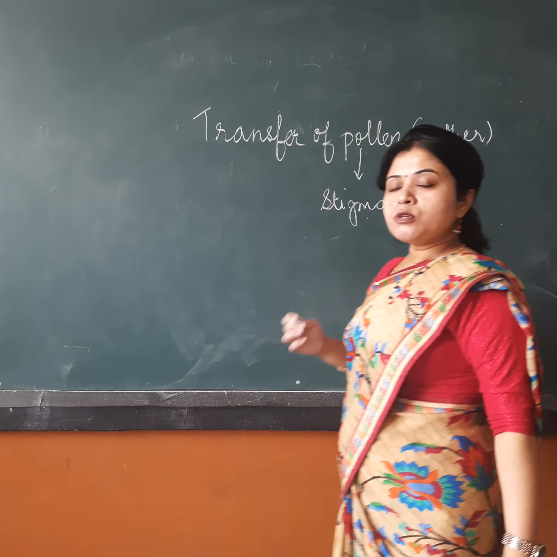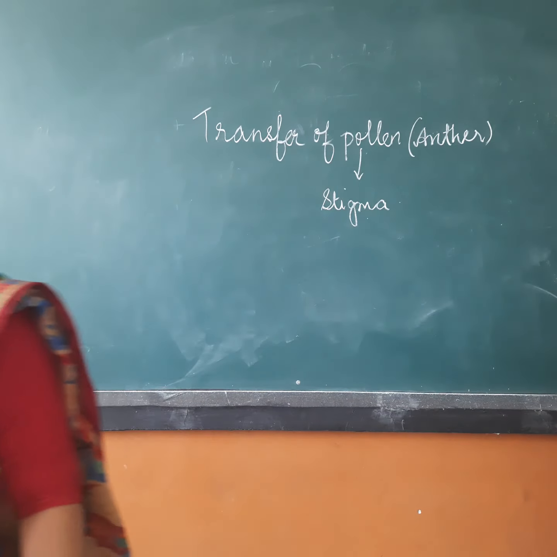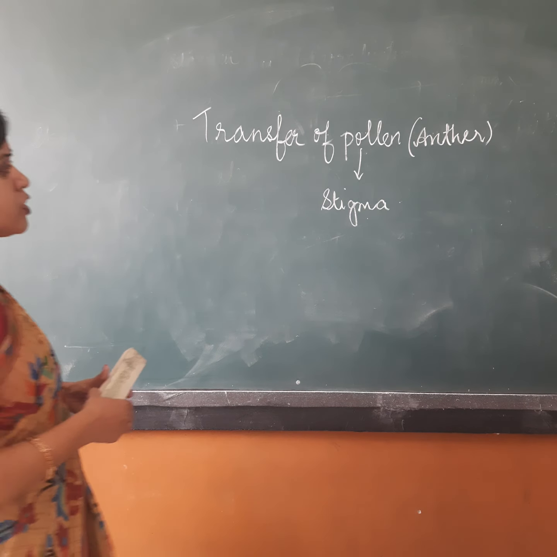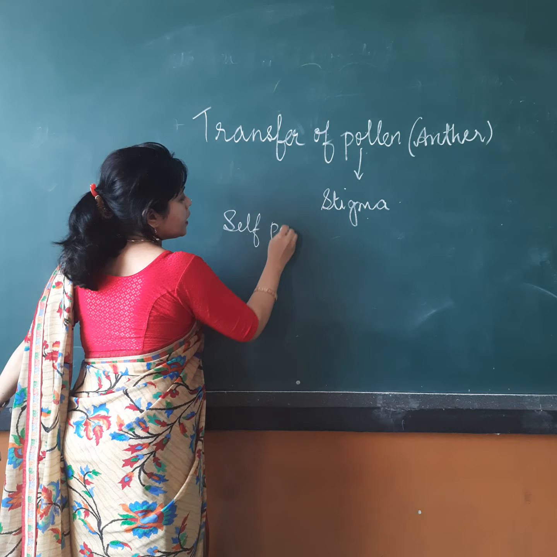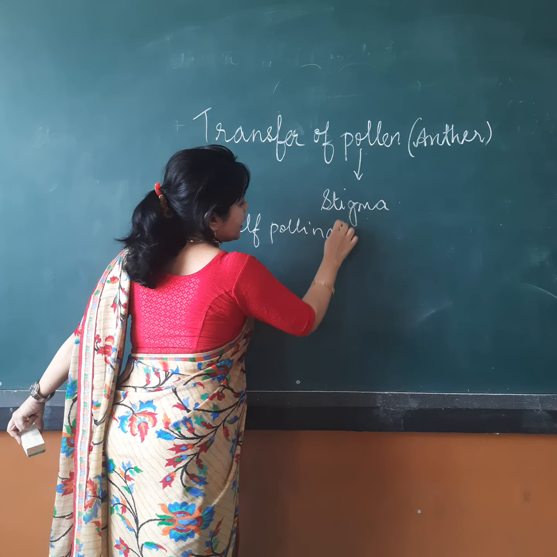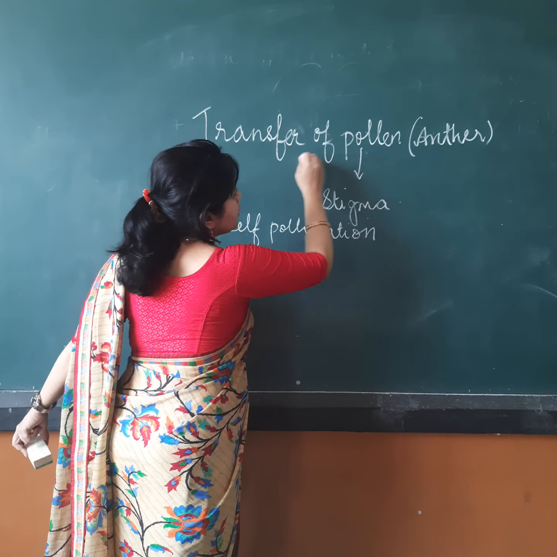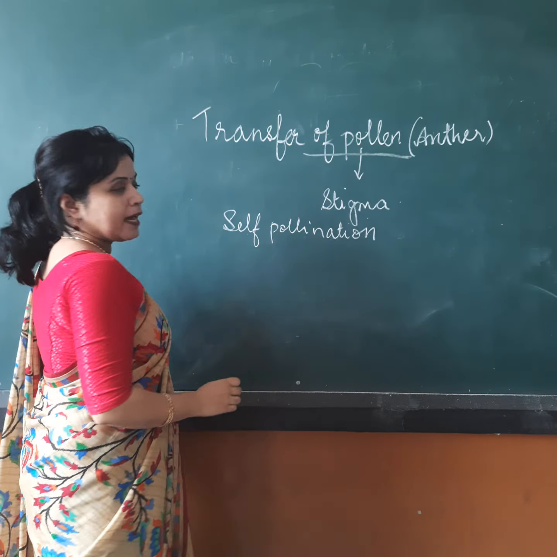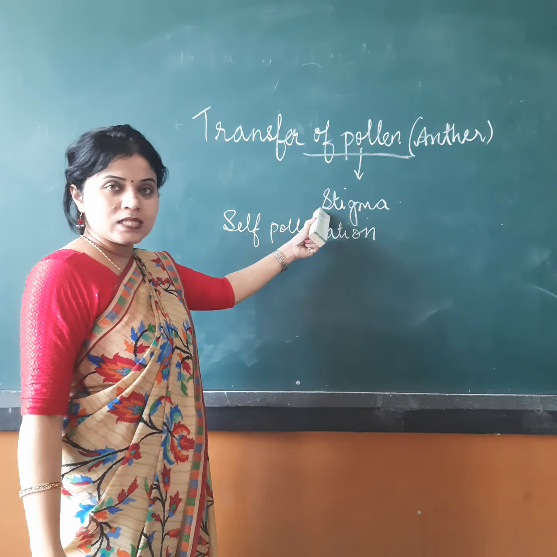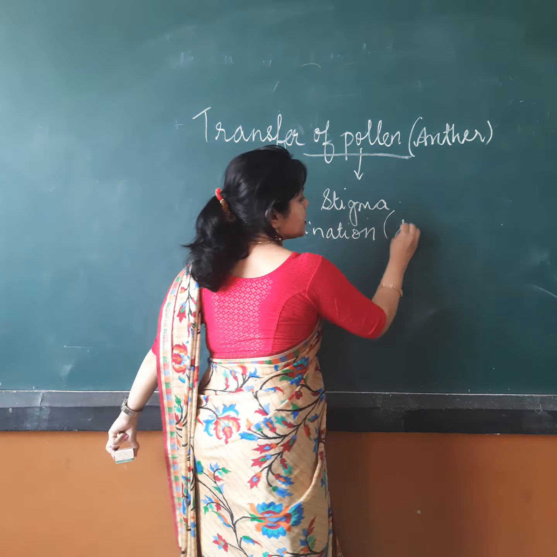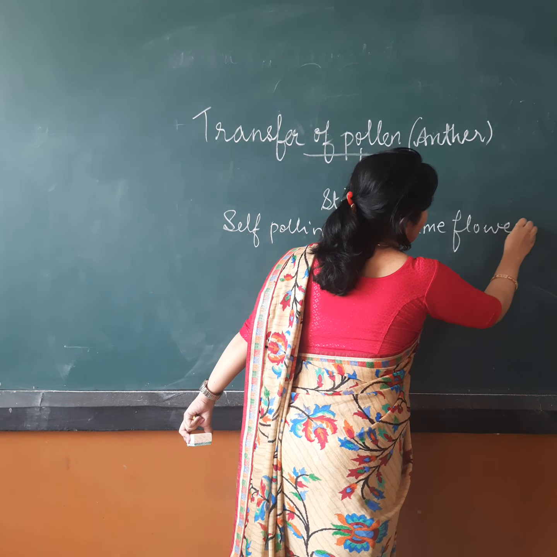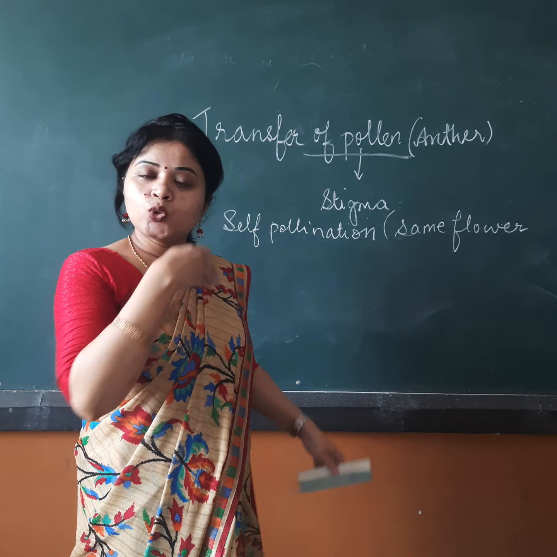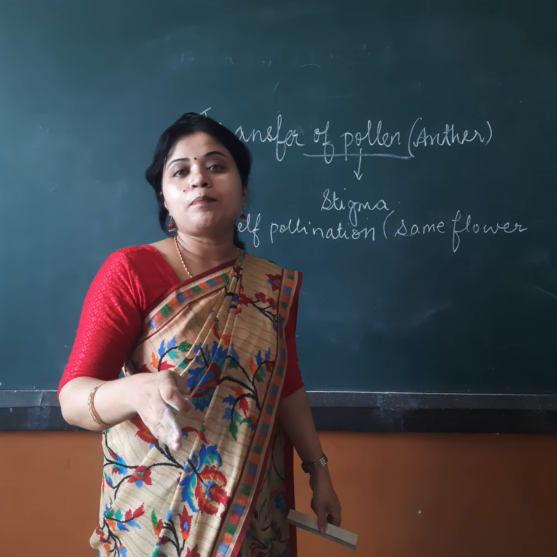Now there are two types of pollination, that is self-pollination and cross-pollination. So what is self-pollination? Self-pollination means that the pollen grains from the anther are transferred to the stigma of the same flower, or to another flower of the same plant.